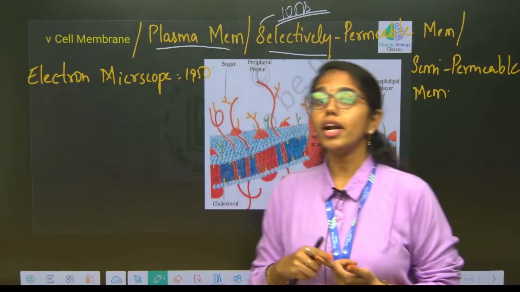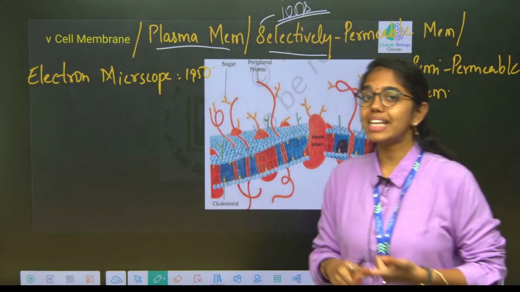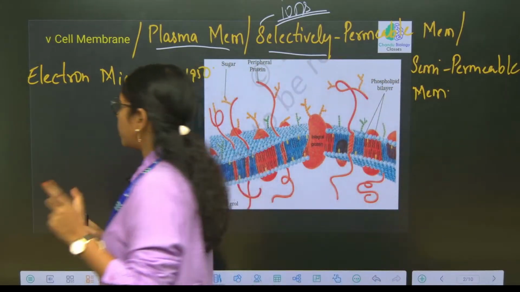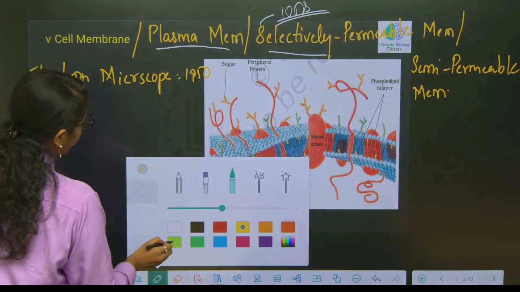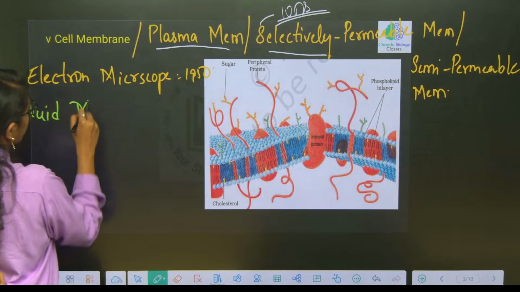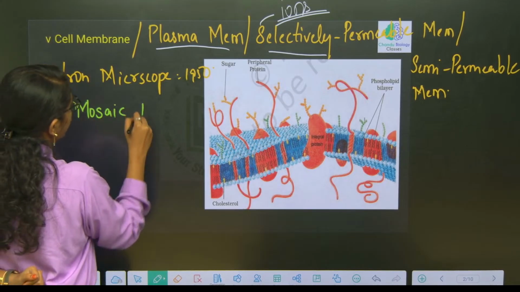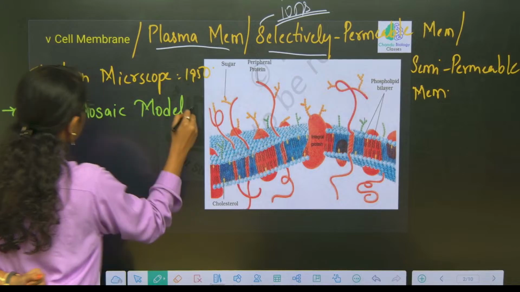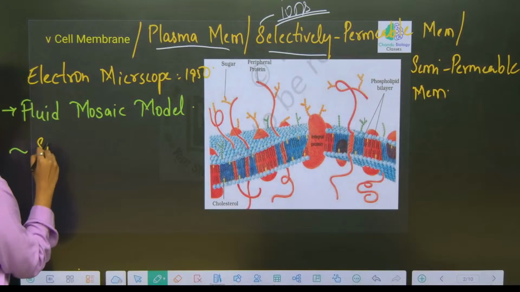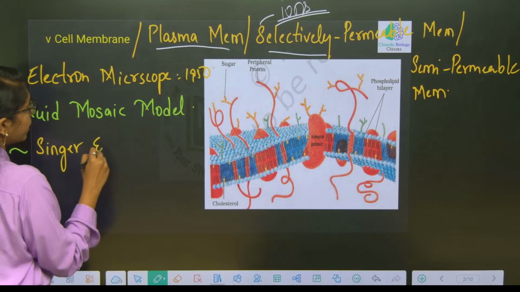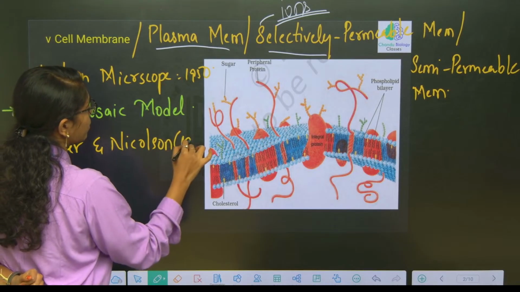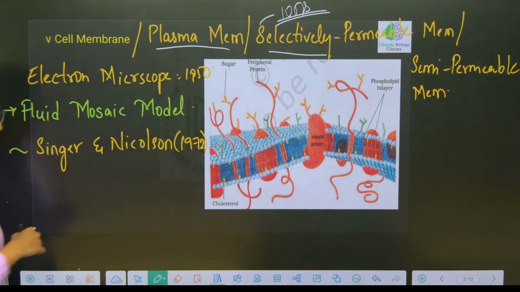Of them, the fluid mosaic model, given by Singer and Nicholson in the year 1972, is the widely accepted model.